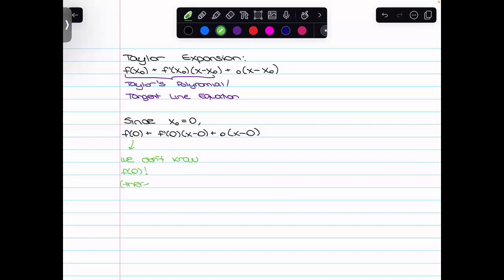So there could be multiple values. So that part, we just leave it the way it is.